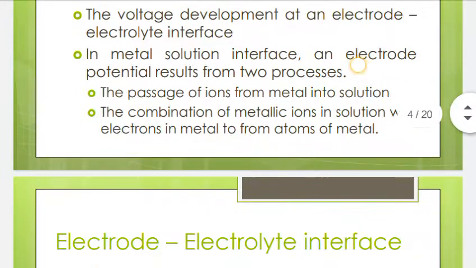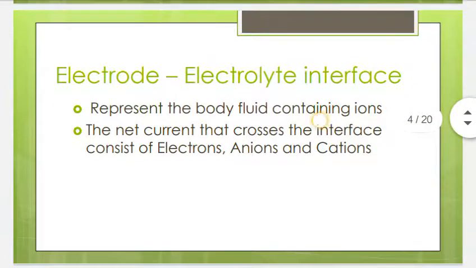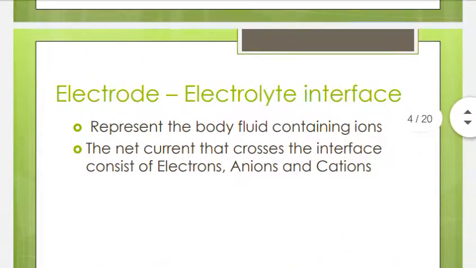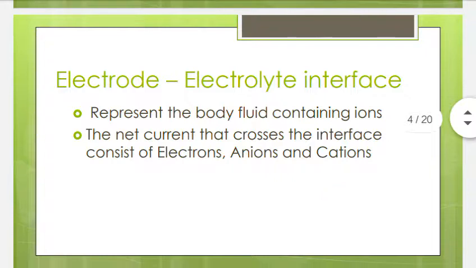Next, we are going to see about the electrode to electrolyte interface. We all know that only if there is an interface between the electrode and the electrolyte can we measure the potential. So what is meant by electrolyte? The electrolyte represents the body fluid containing the ions.